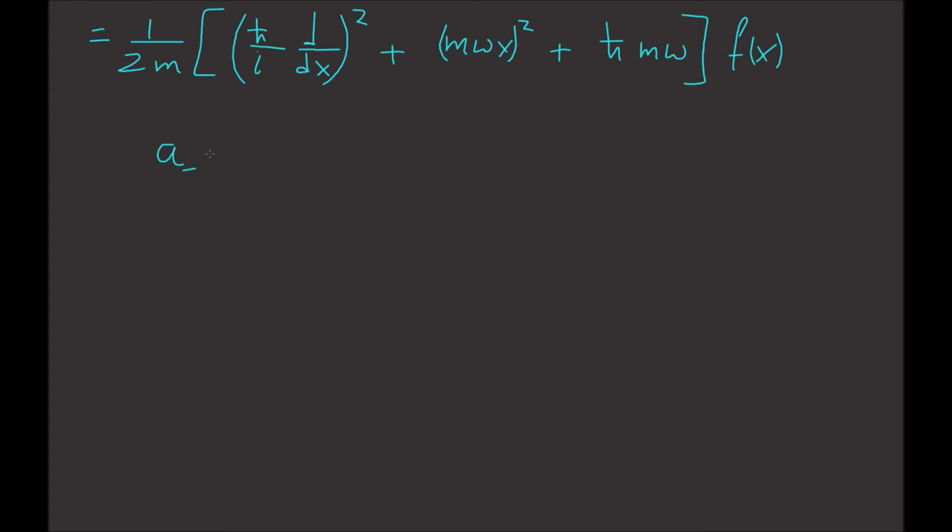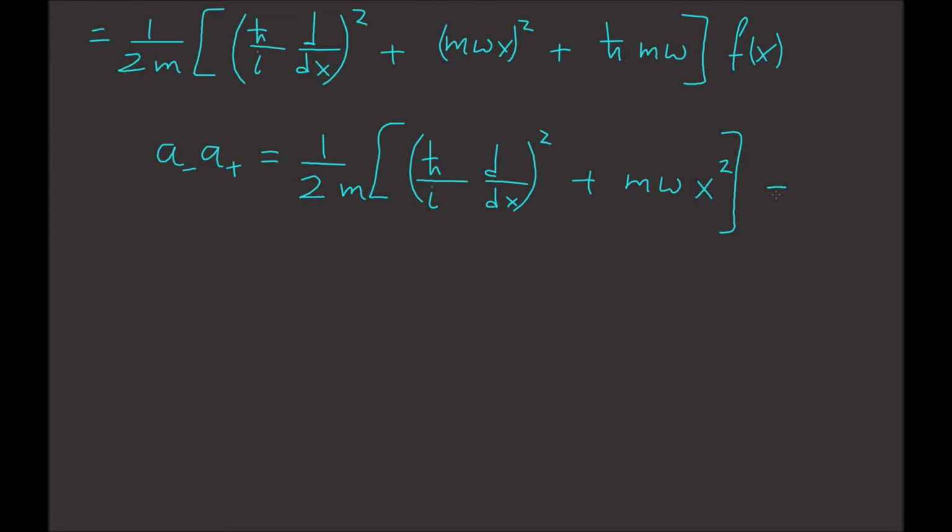Finally, we have a minus a plus equals 1 divided by 2m times (h bar divided by i d dx) squared plus mass times omega times x squared, plus 1/2 h bar omega. This is this.